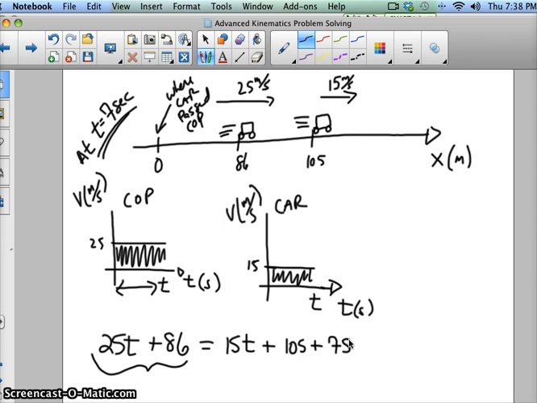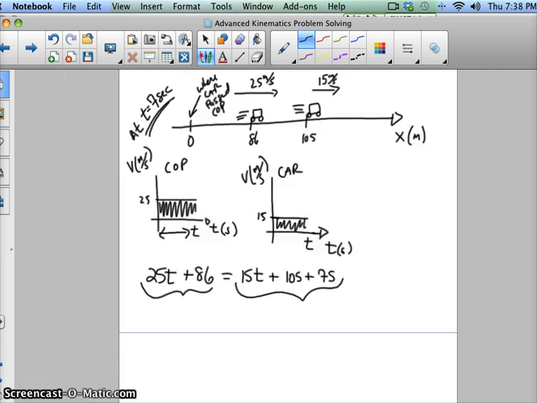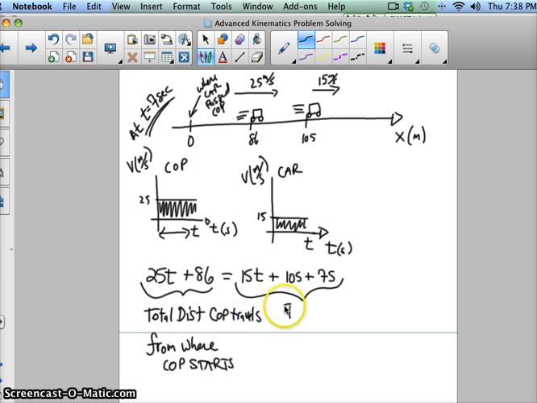This problem's complicated. But when the dust settles, this is the total distance from where the cop starts. So that's the total distance the cop travels. And this here is the total distance the car travels, measured from where the cop started.